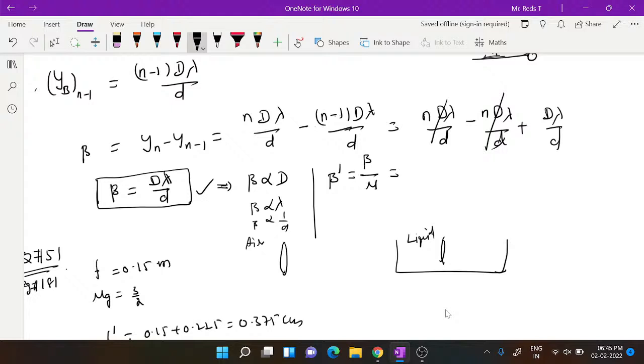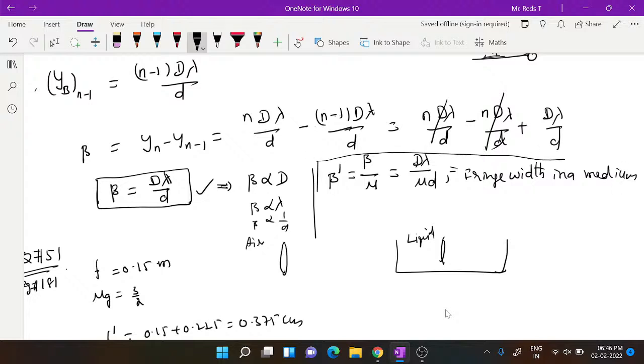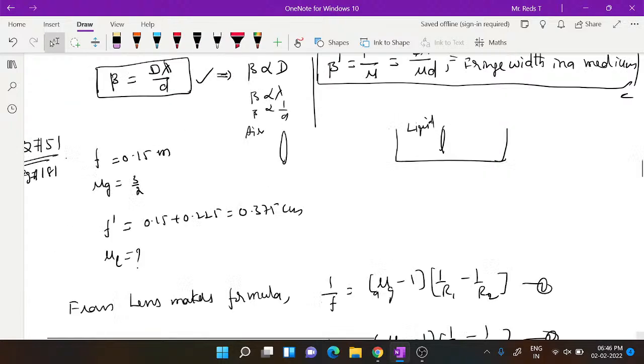So you can also express this as D lambda by mu d. This is the fringe width in a medium. Till here, this we have discussed. So by remembering all this, we can go through some numericals.